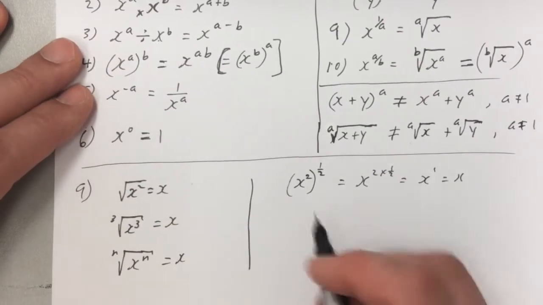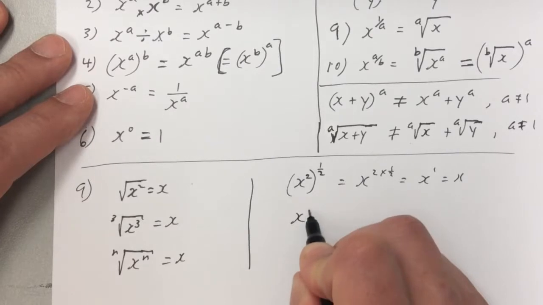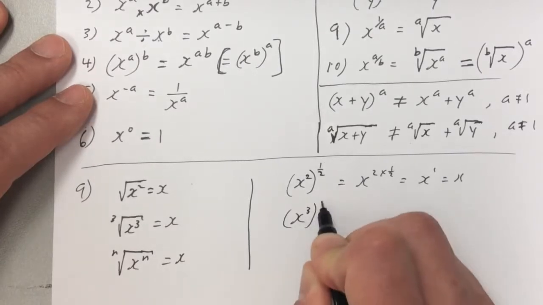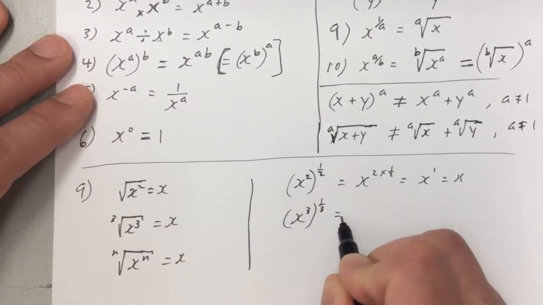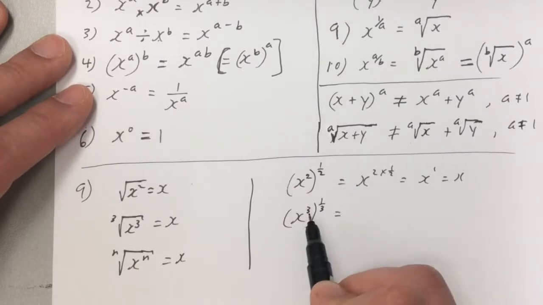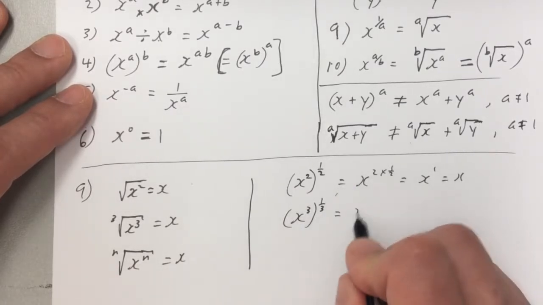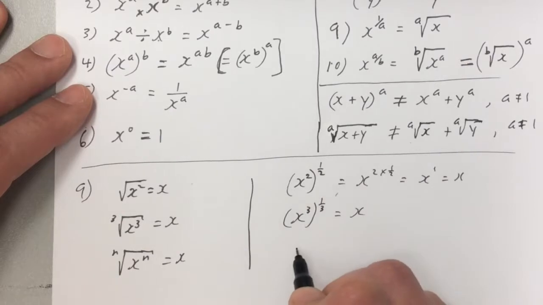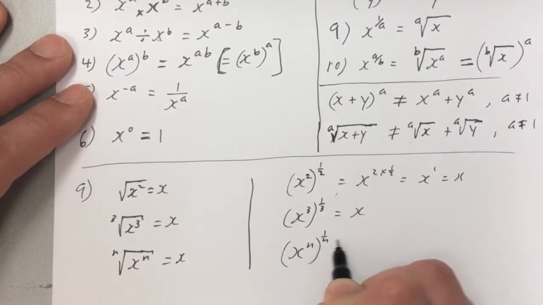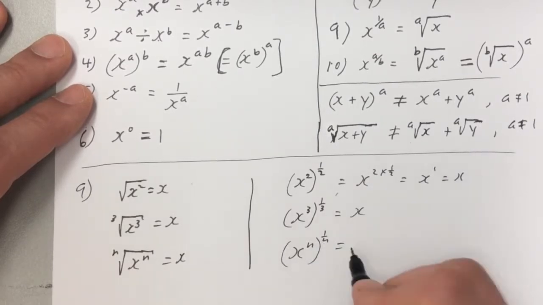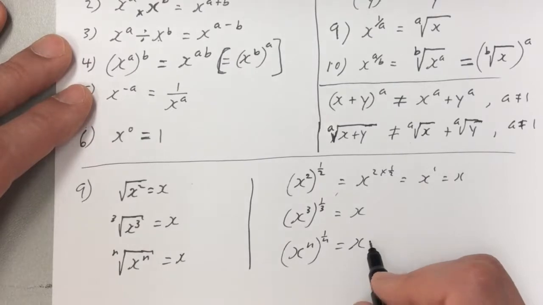Okay. If you took x cubed to the 1/3, well, you multiply those exponents, you get 1, and you get x again. If you took x to the n, to the exponent 1 over n, well, if you multiply those, n over n is 1, and you get x again.